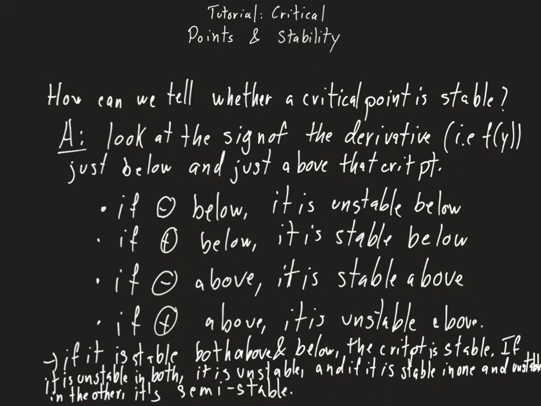And the opposite is true of above. You need the flip. And of course, you then just look at what it's doing above and below, and depending on the combination, you either get stability, instability, or semi-stability. And that's the whole game, and it's not too difficult to actually apply this in practice.